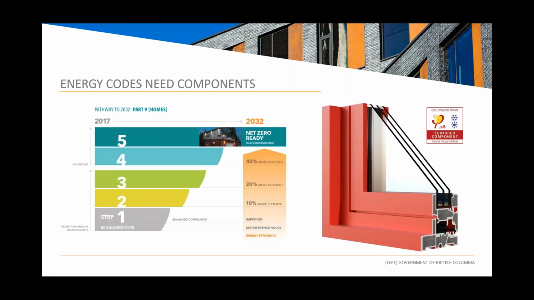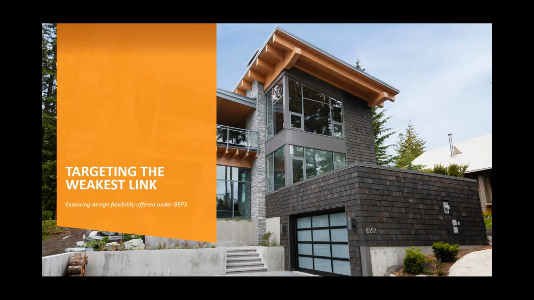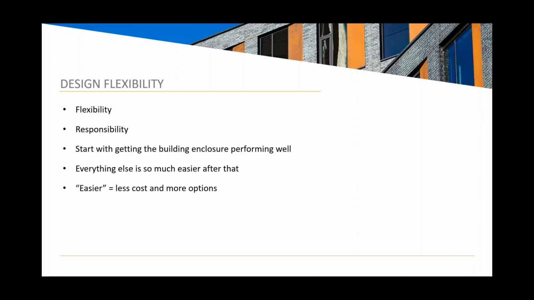Now, energy codes need components, and extrapolating from that previous example, it could benefit from some good windows. So before we get into windows specifically, let's look at the term that I've been using, design flexibility. Let's look at targeting the weakest link. Flexibility and responsibility go hand in hand.